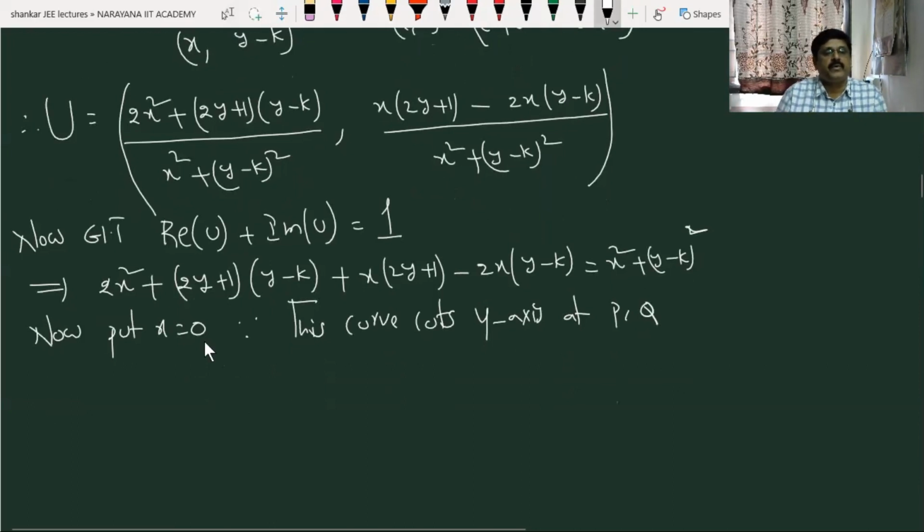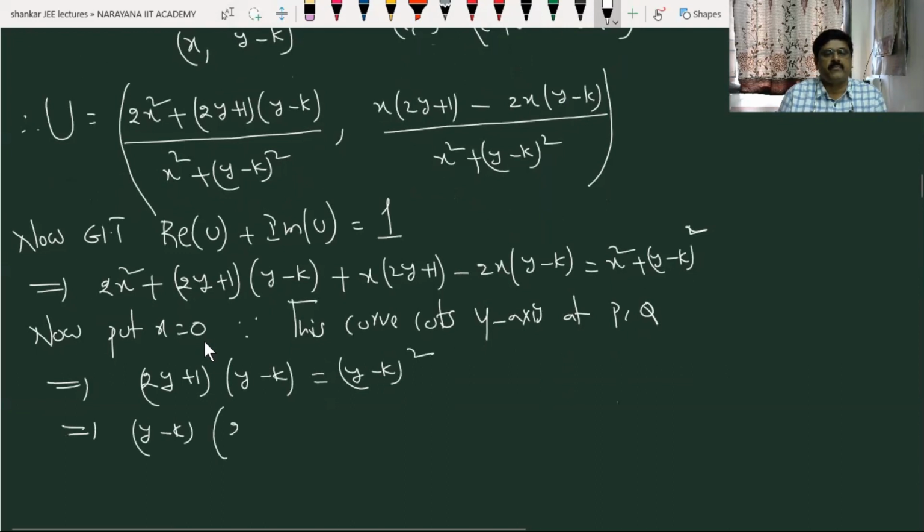See, I am going to put x is equal to 0 now. Now you will be left with 2y plus 1 into y minus k. This is 0, this is 0, that is also 0, is equal to y minus k whole square, implies y minus k of 2y plus 1 minus of y minus k is equal to 0, students.